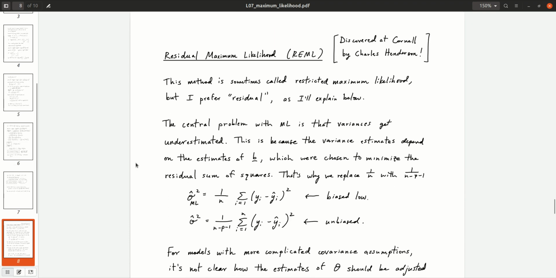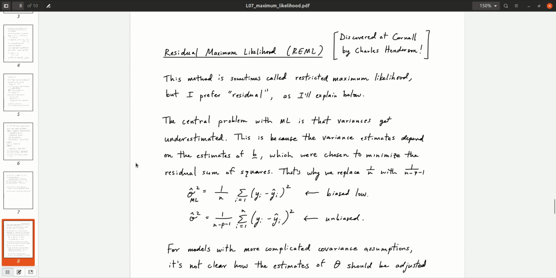Now, this next thing is actually really cool. This is one of my favorite ideas in all of statistics. It's called residual maximum likelihood, or frequently you hear it called REML. This is especially cool because this idea was discovered at Cornell by a guy named Charles Henderson. One of the problems with maximum likelihood estimates for the variance parameter is that it gives you biased estimates.